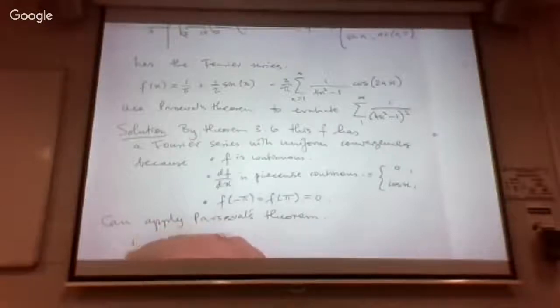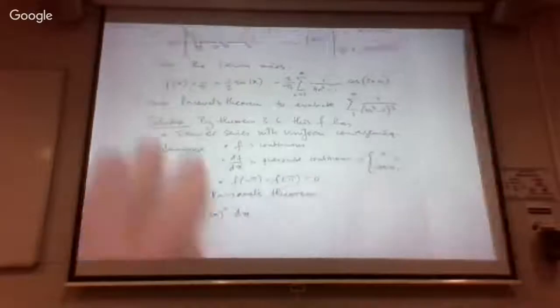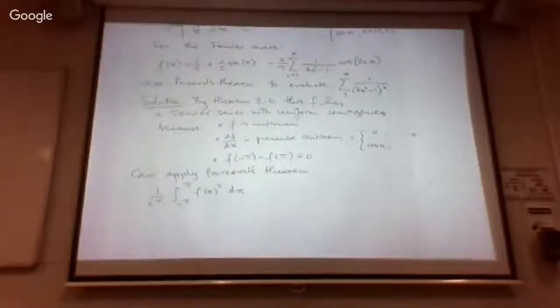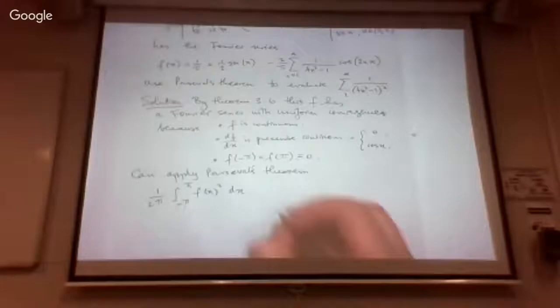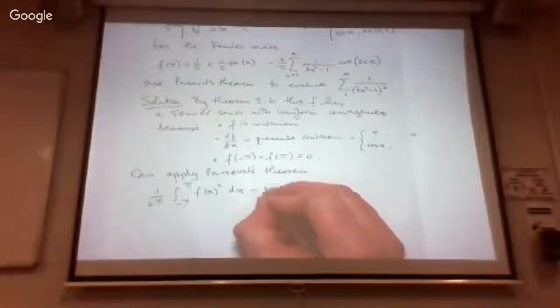One over 2 pi times the integral from minus pi to pi of f of x squared dx. We'll worry about what that integral is in a moment. So that's the left-hand side of Parseval's theorem. We'll return to that integral in a moment. But on the right-hand side, we just have a quarter of the square of a naught.